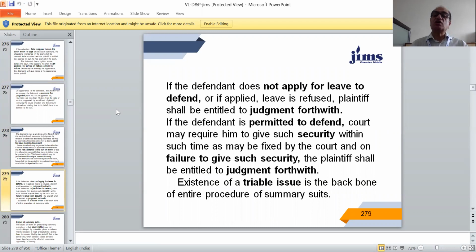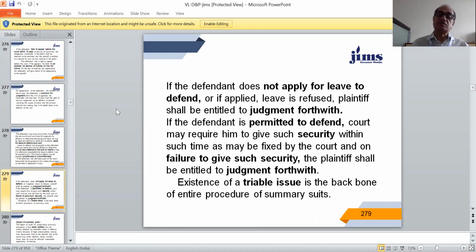And if the defendant does not apply for leave to defend, or he applies and leave is refused, then plaintiff shall be entitled to judgment forthwith. If the defendant is permitted to defend, court may require him to give such security within such time as may be fixed by the court, and on failure to give such security, the plaintiff shall be entitled to judgment forthwith.